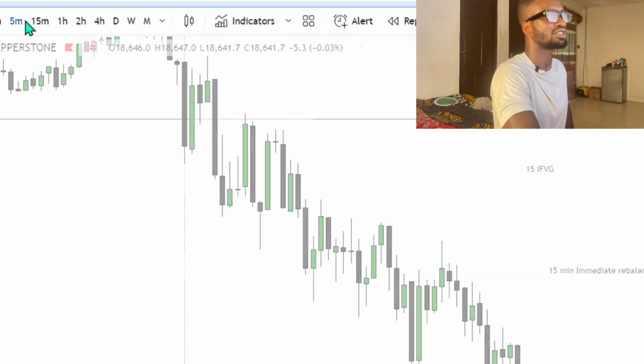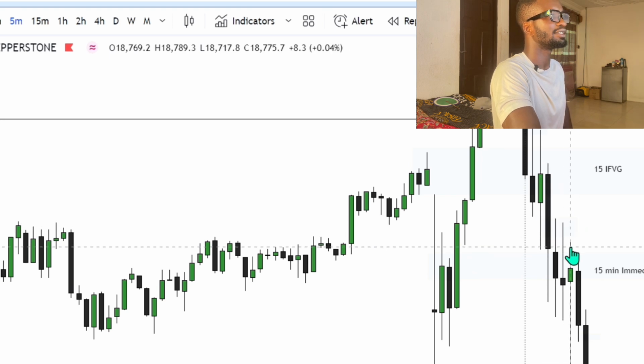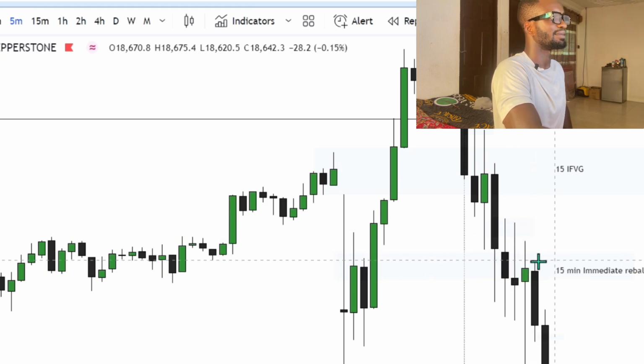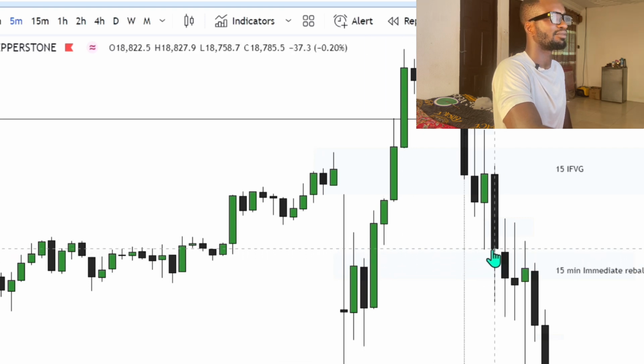The reason why I took this entry was because if we look at the bodies of the candles, they are all in this. No, wait, let me not confuse you. See this gap here? This gap is another inversion fair value gap we can use to enter.